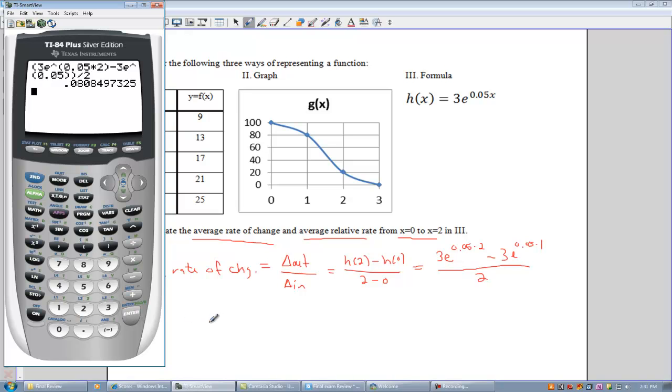And so in this one, what do I get? I get approximately 0.08.